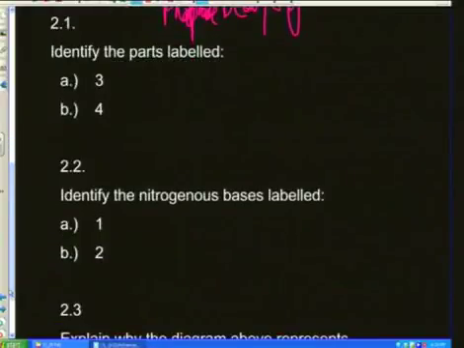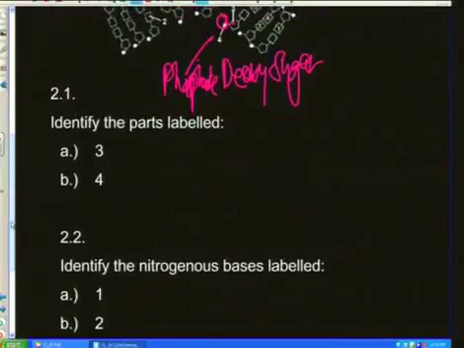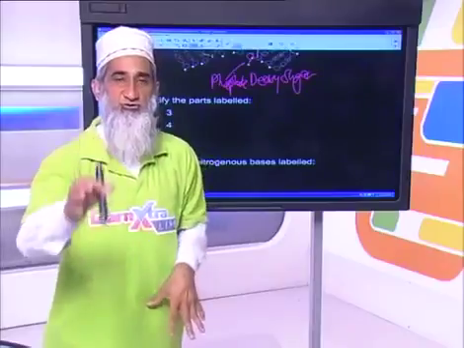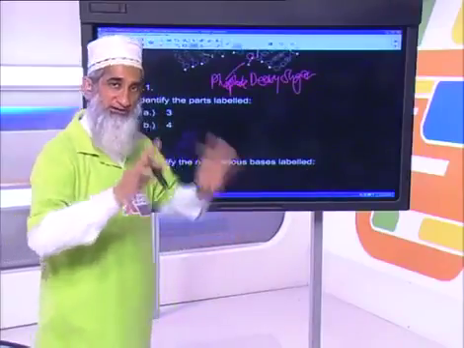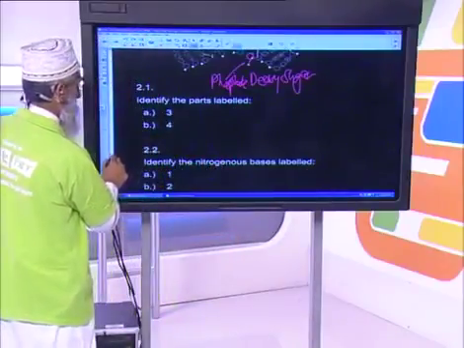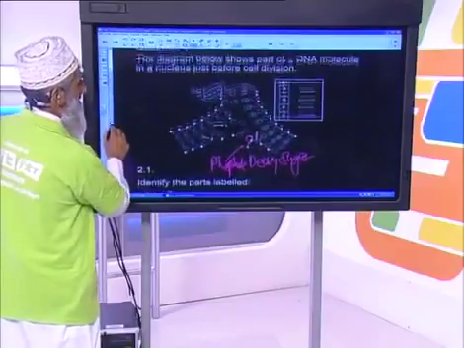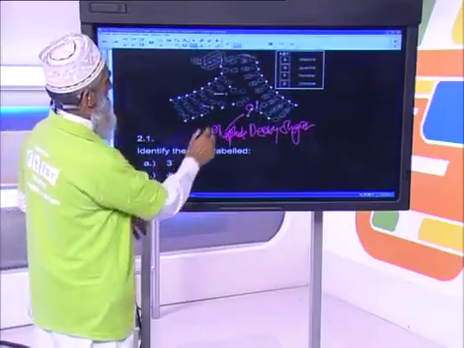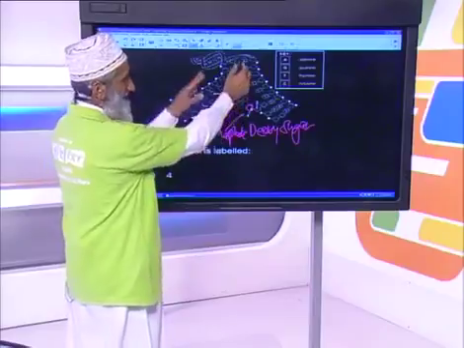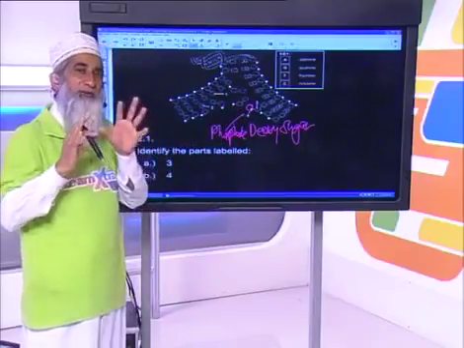Identify the nitrogenous bases labeled 1 and 2. Whenever they're asking you about nitrogenous bases, they are testing one simple thing. Do you know that adenine combines with thymine? Do you know that cytosine combines with guanine? That's all they're testing you. So that's what you've got to look for. So number 1, number 2. Let's go to the diagram. Now let's look at the strand. This one was a little bit complicated.